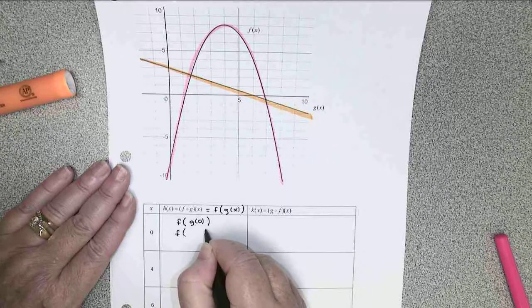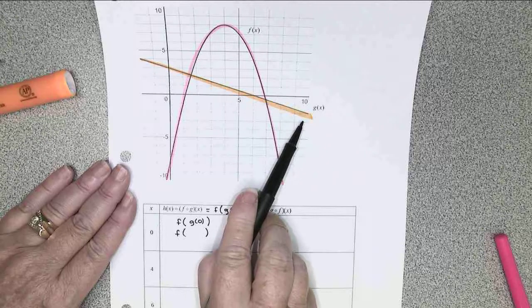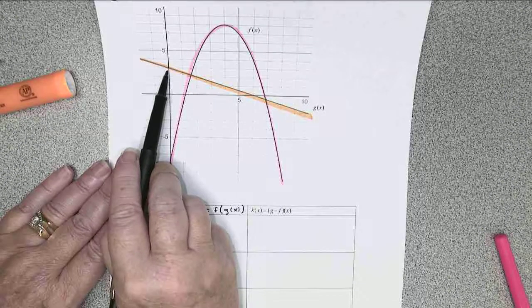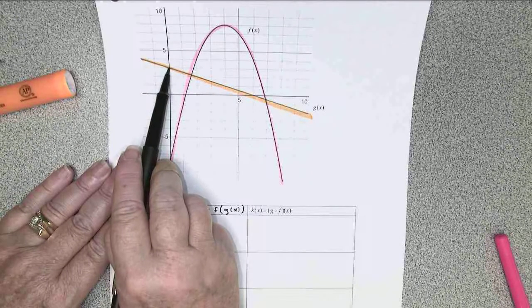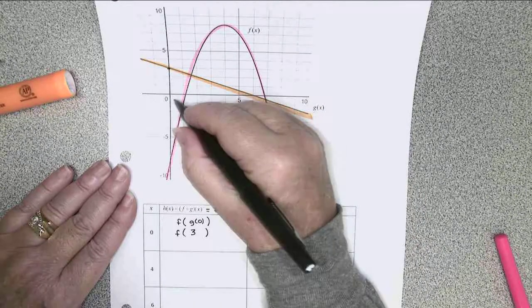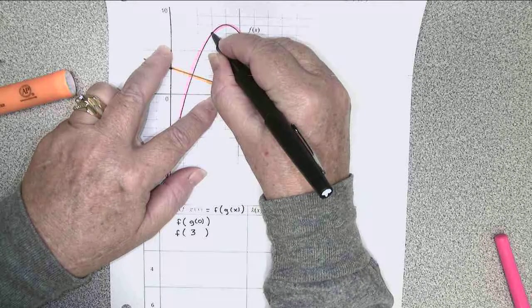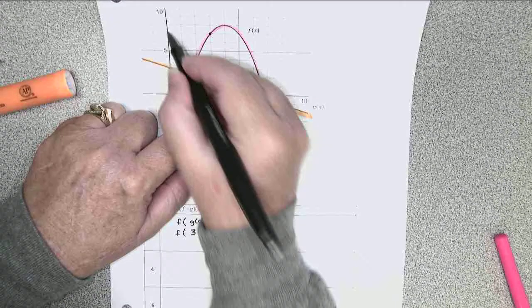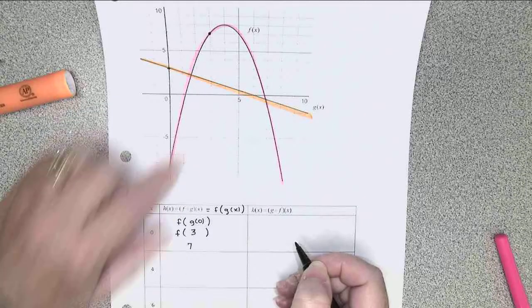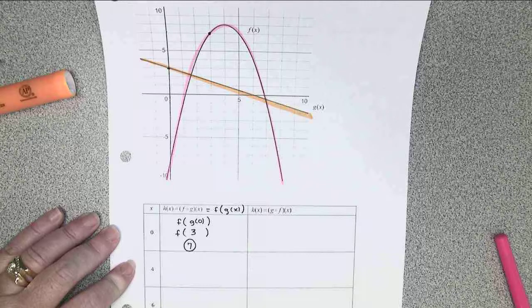That would be f of what? Well, let's see. G was the orange line here. So g of 0 right here is 3. I now want to take f of 3. F is the pink, the parabola. So let's see, 1, 2, 3. F of 3 right here looks like it's going to be 7 for that y value. So f of g of 0 is 7.